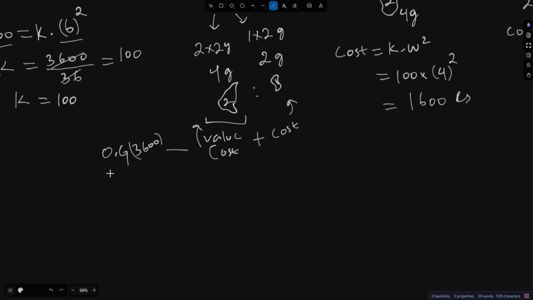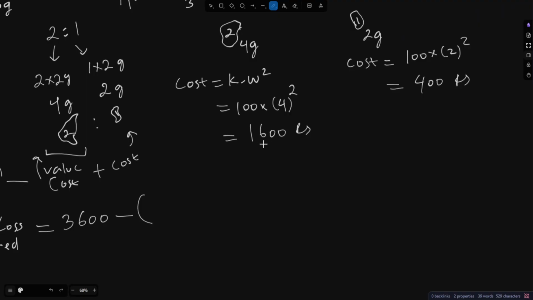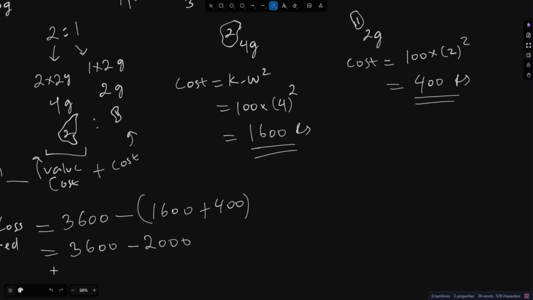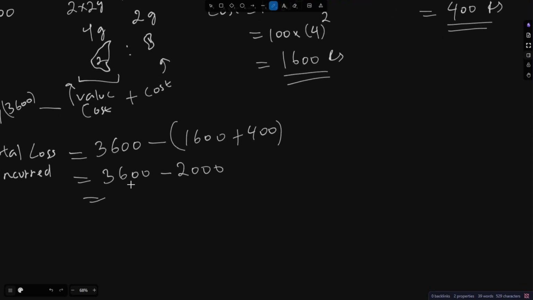Plugging it into this formula, which is the answer that we want to find. Total loss incurred equals 3,600 minus, just add up the values of the two individual rocks, which is 1,600 plus 400, which is 3,600 minus 2,000, which will give us 1,600.